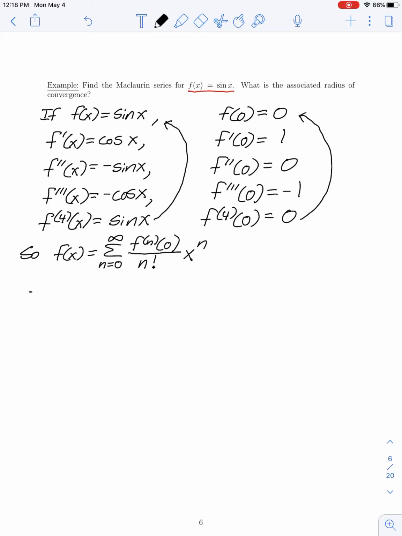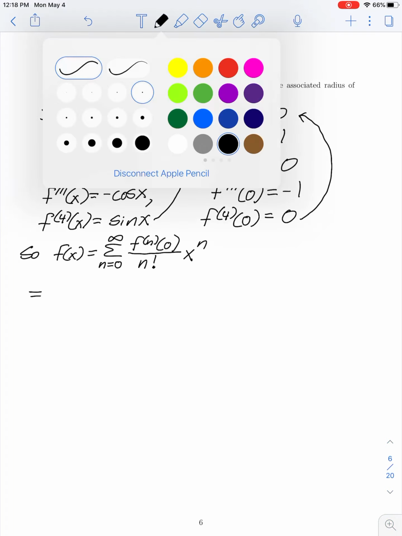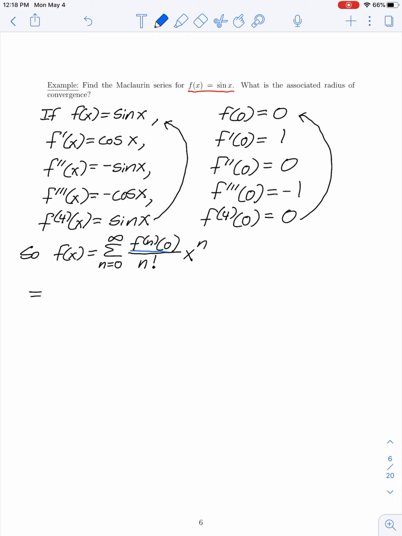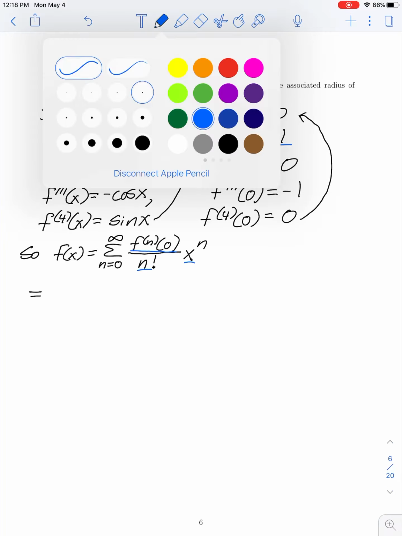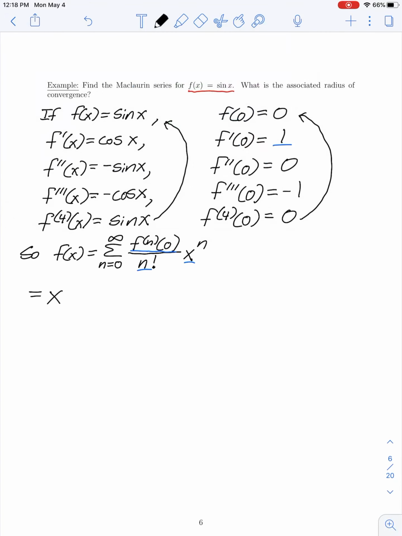So if we were to write out the first few terms, when n is equal to 0, we would have f of 0, which was 0. Then our next term, when n equals 1, we would have the first derivative at 0, which was 1, divided by 1 factorial, which is 1, times x to the first. So we would have 1x to the first power.